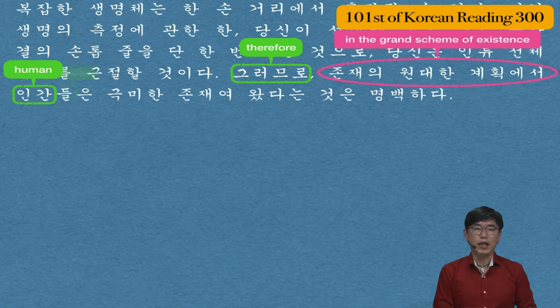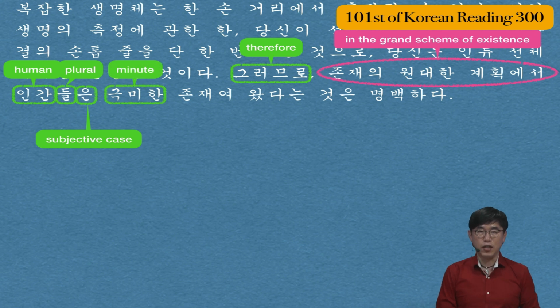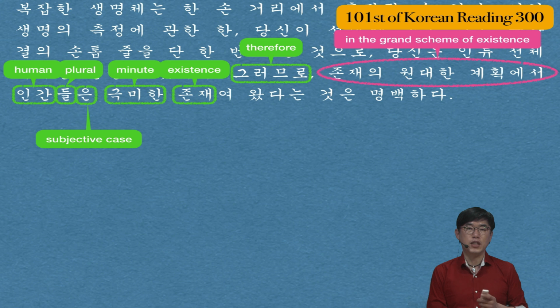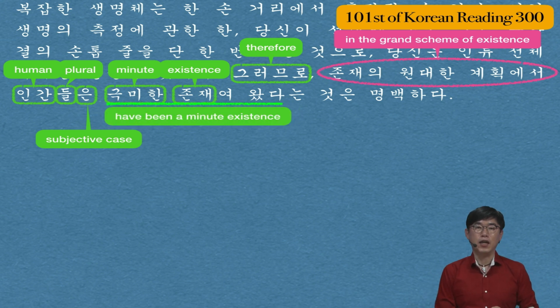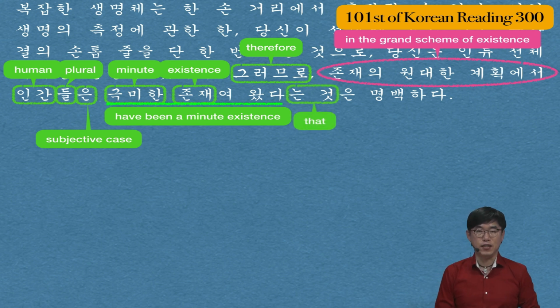인간 is human and 들 means plural and 은 is the subjective case. 극미한 is an adjective and its meaning is minute. So 극미한 존재 is a minute existence. And 여왔다 is the present perfect tense form of 이다, which means to be. So 극미한 존재여 왔다 is have been a minute existence.